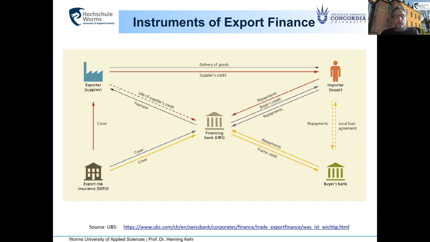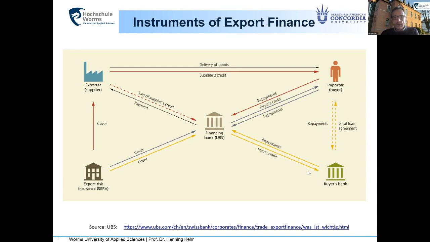Look for the red dotted line between exporter and financing bank UBS in the middle. Then it might be that also the buyer's bank will be involved. That can be another kind of credit. So then the Swiss bank here in the middle, the UBS, will have a credit line with a buyer's bank, or give the credit line to the buyer's bank.